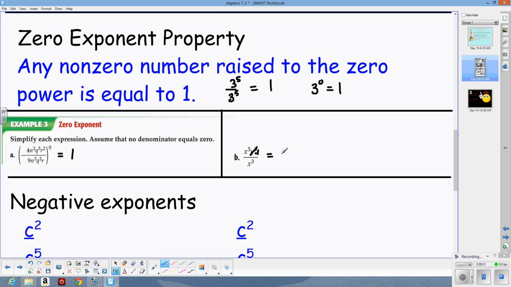And when you multiply by 1, it's not going to change things. However, I can simplify the x to the 5th over x to the 3rd by subtracting the exponents. 5 minus 3 is 2. Or thinking about crossing out 3 x's on the bottom with 3 x's on the top, leaving it as x squared.